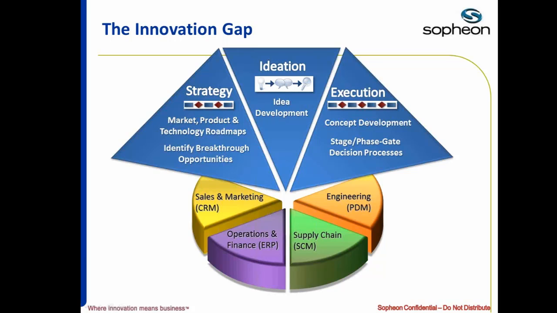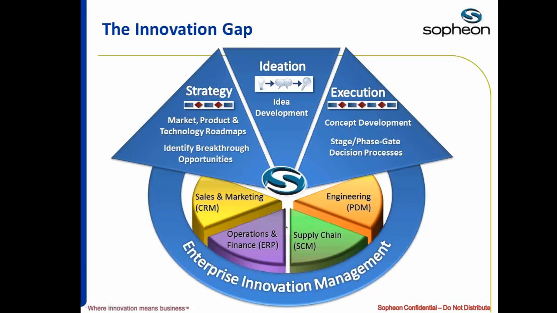To close the gap, companies first must embrace that it exists, and then improve these processes, align the innovation activities across the entire product life cycle, and when we do that, we call this enterprise innovation management. So again, why is this important to this conversation?